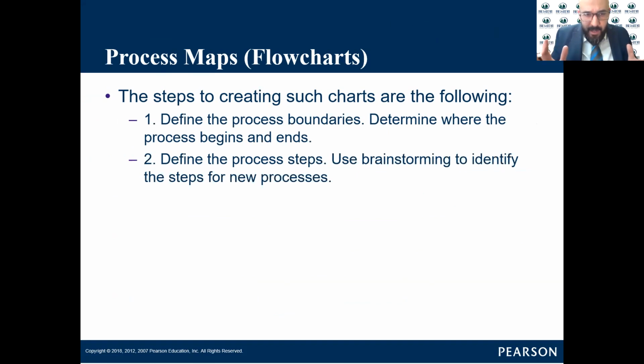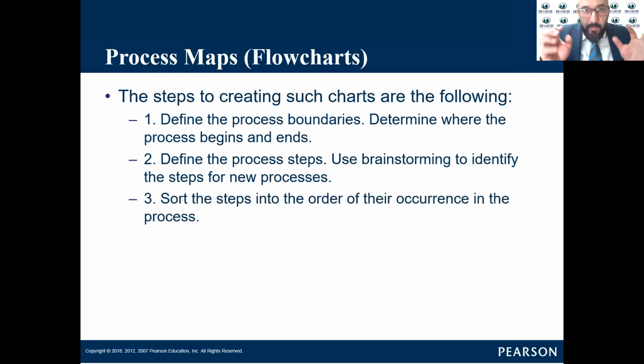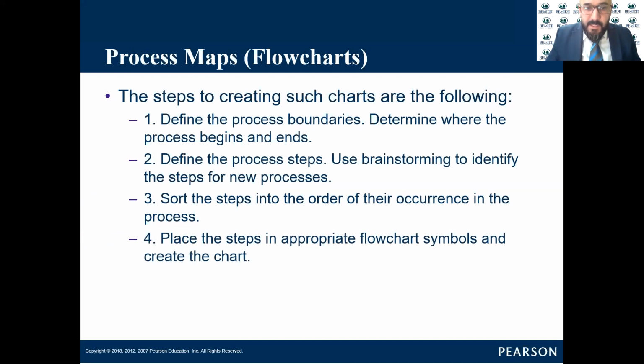Sit down and get an idea of what the process is. Sometimes because we're multitasking and have multiple products, it's hard to identify what the process is. But brainstorm, focus, write down the boundaries, and sort the steps into the order of their occurrence in the process. Think about what steps happen in a process.